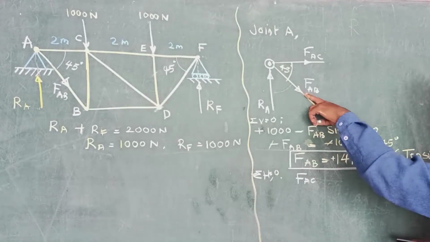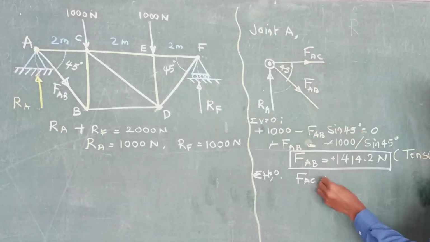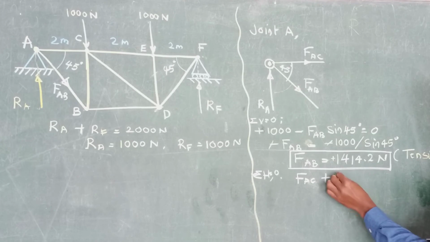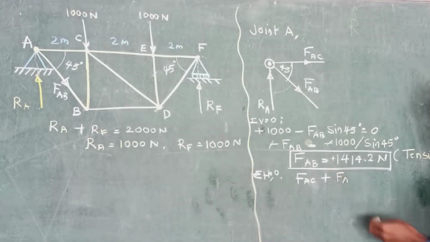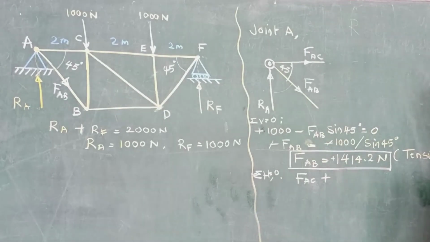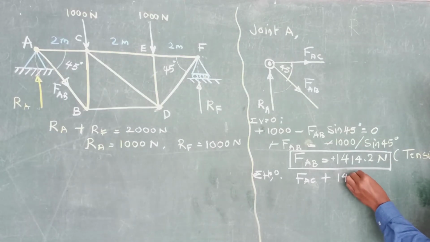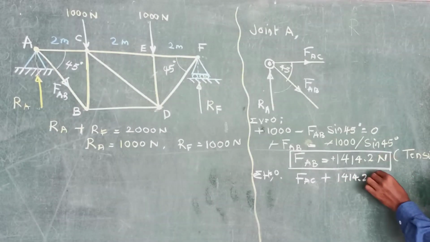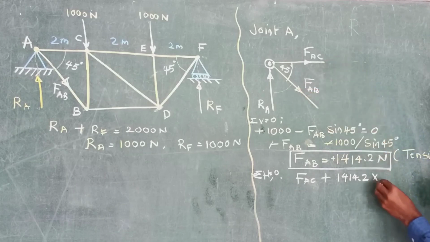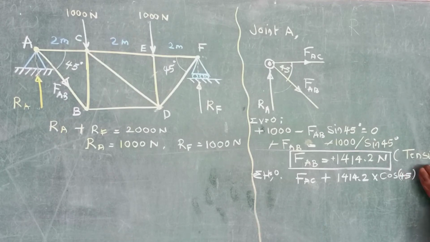Resolving FAB horizontally towards the right is also plus FAB, whose value we just calculated: 1414.2 into cos 45 degrees, is equal to 0.